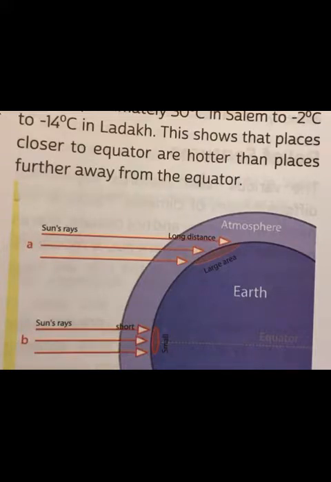The reason is that the sun rays are coming directly to the equator, and in A part, that is on the upper side, you can see here the sun rays are coming slanting. So that is the reason the upper part is much colder than the equator.